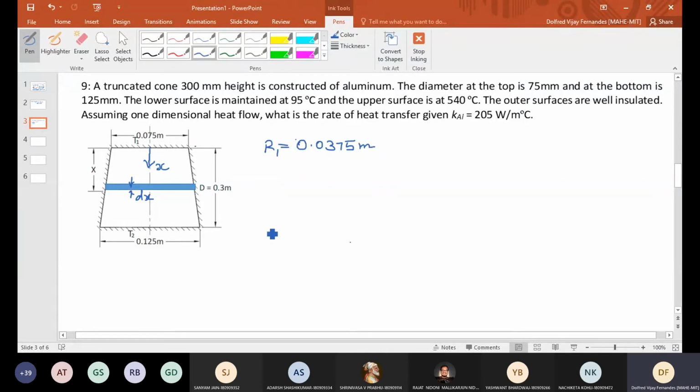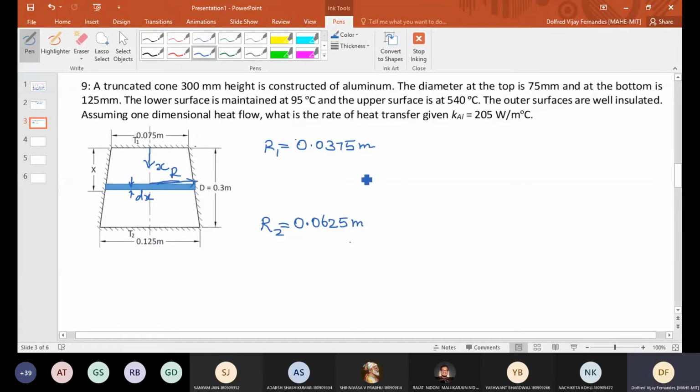And at the bottom here, the radius R2 is 0.0625. So in between, anywhere, if you want the radius, how do you calculate? That should be between R1 and R2. How do you calculate the radius at this point?